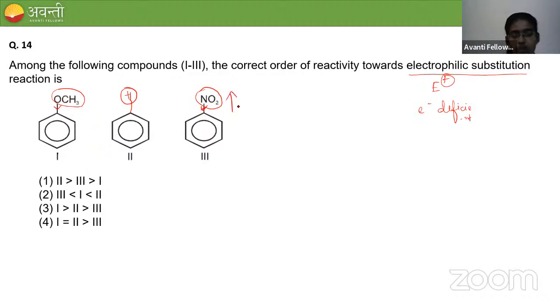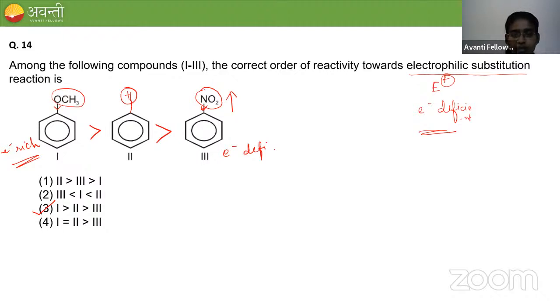So this compound is electron deficient. And the first compound is electron rich. And what about the second compound? It is intermediate between both. Only electron rich reacts with electron deficient. So compound 1 is more reactive. Then comes compound 2. Then comes compound 3. Okay. So here it is given in option 3, so option 3 is the correct answer for this question. Got it?